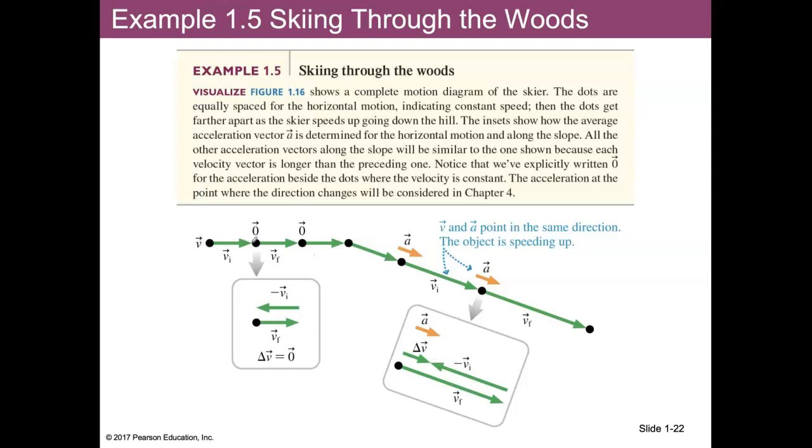You'll notice that the dots here are equally spaced as this person is going along. And then if you were to take the VF and add it to negative VI, you'll see that there's no change in velocity there. But if we do it down in this area where we're looking at VI and VF, and we do negative VI here, we do get an acceleration vector.